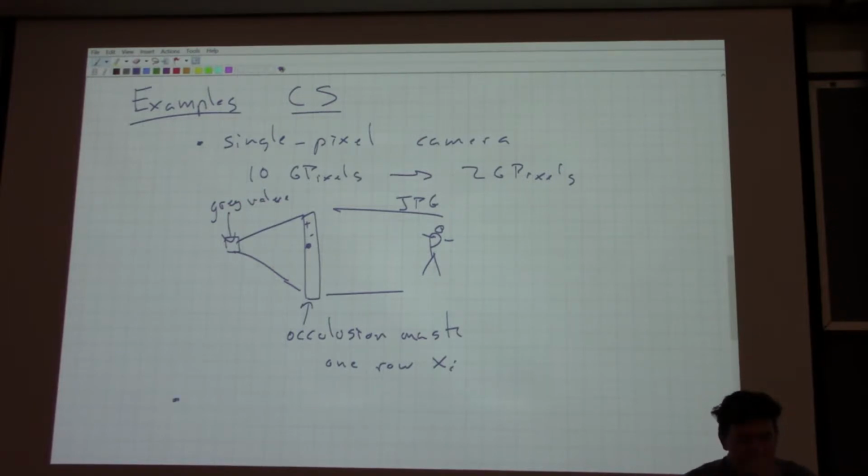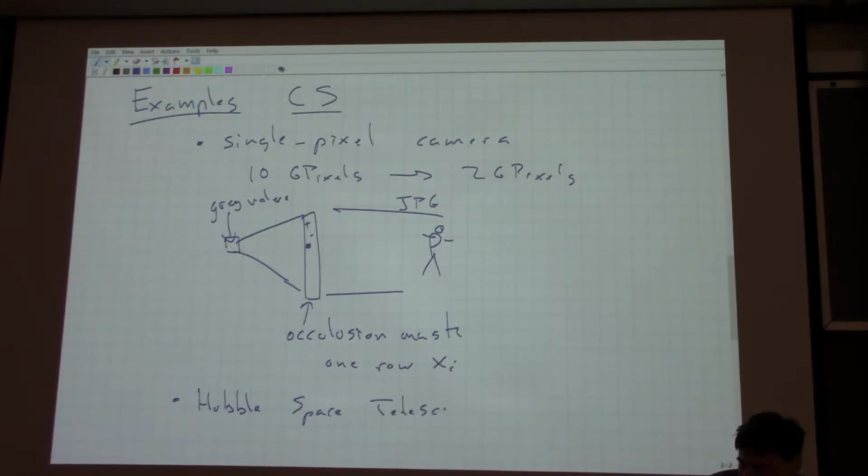So where would this be useful? If you're looking at the Hubble Space Telescope, at some point I thought, I'm not sure they actually did this, there was some hope at least, and maybe they did, but the Hubble Space Telescope is this satellite that has a big camera on it outside the Earth's atmosphere, but it takes a lot of energy for it to send the data back down to Earth.